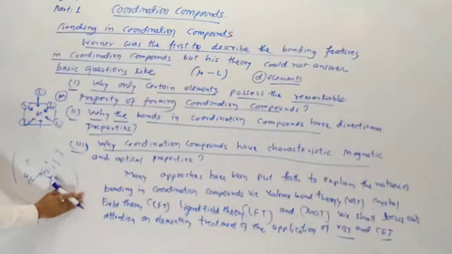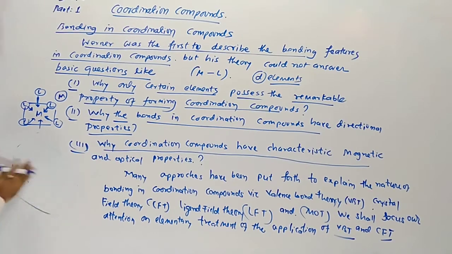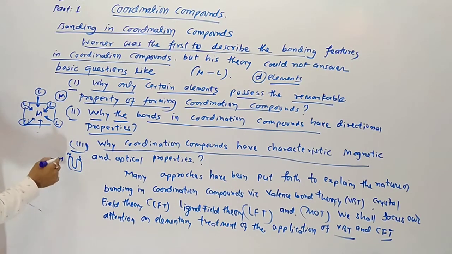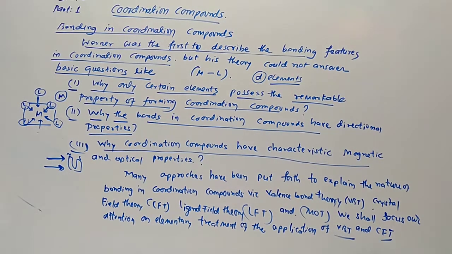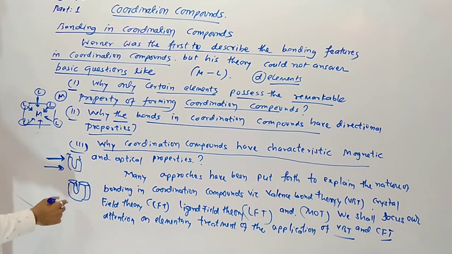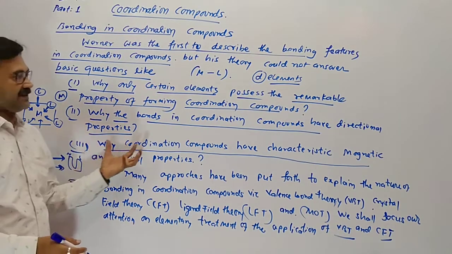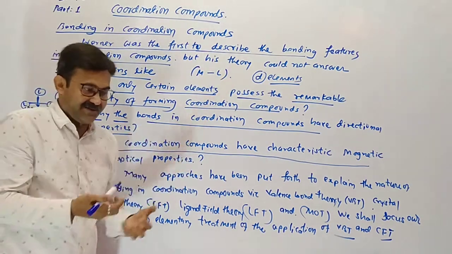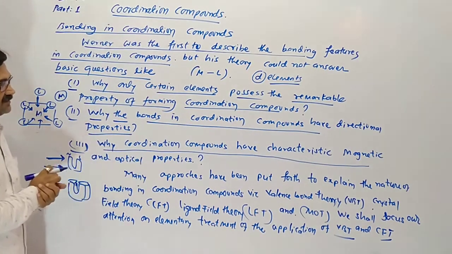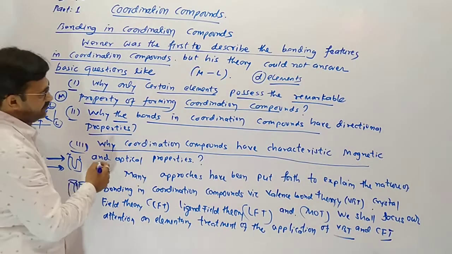And some coordination entities, complexes, are attracted toward the magnet, and some experience repulsion. So the magnetic property, that is, some coordination compounds are attracted in a magnetic field and have their own magnetism, and some of them are repelled. The magnetic property is not described by Werner.